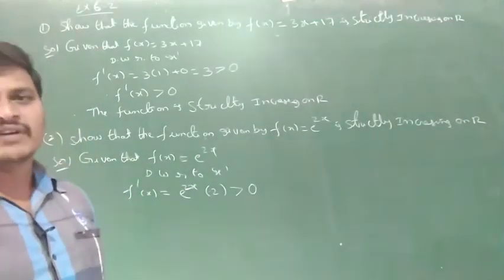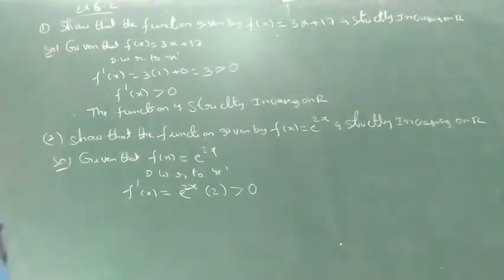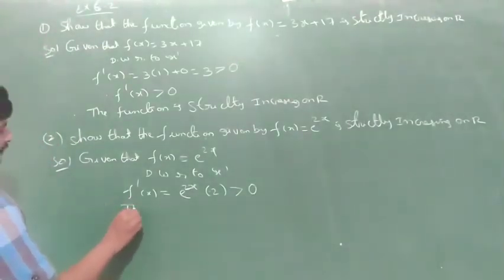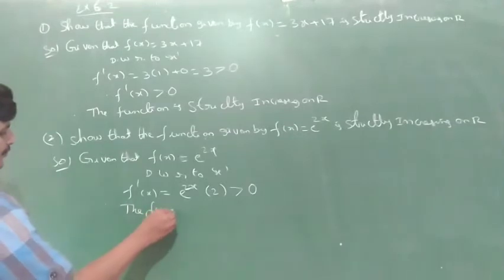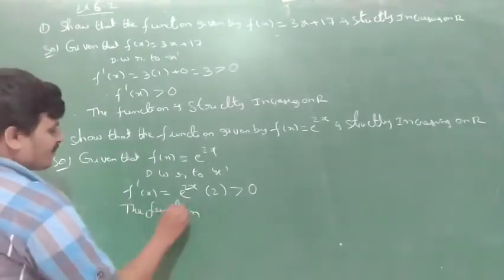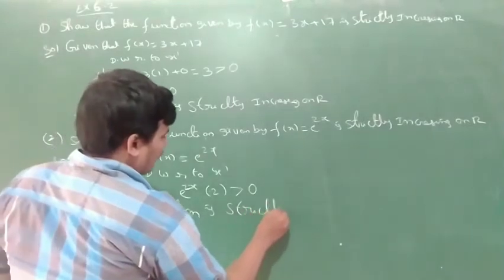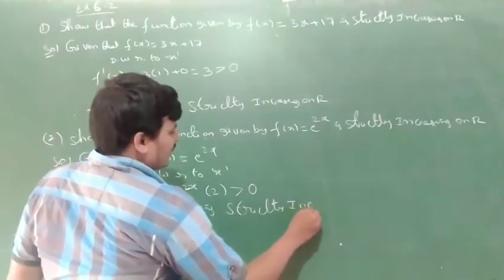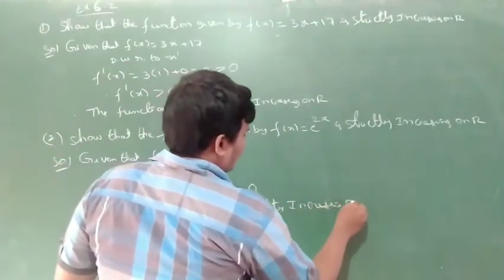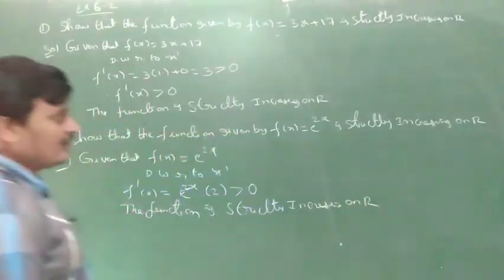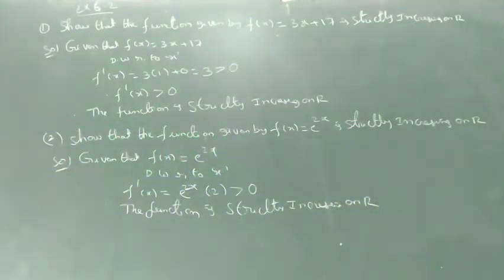Every exponential function is greater than 0. So the function is strictly increasing on R. Okay, write it down.